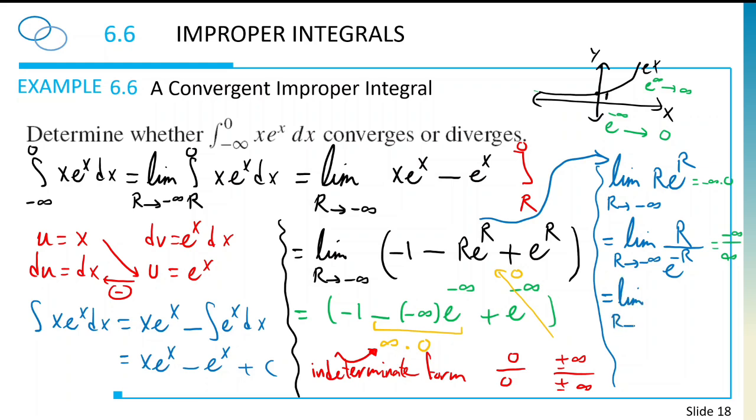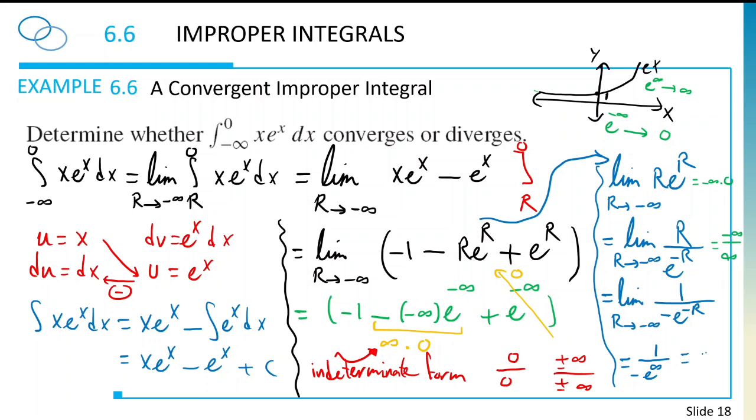So this is the limit. I'll do the derivative of the numerator, which is 1, with respect to r. So this is 1. The derivative of the denominator is negative e to the power of negative r. Now I'll try direct substitution again. It will give what? 1 over negative e to the power of infinity, which is 1 over infinity.